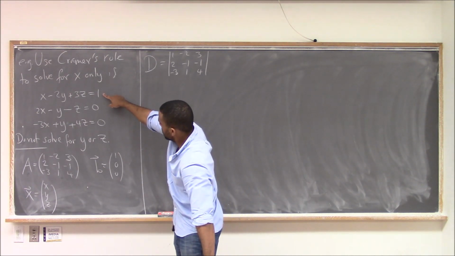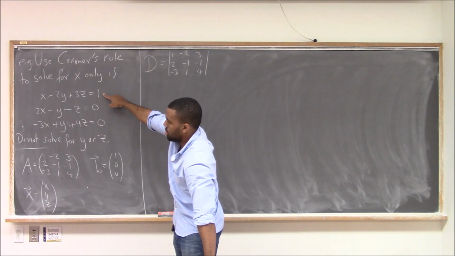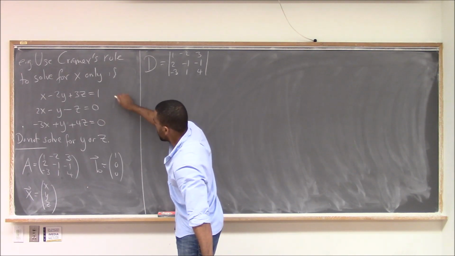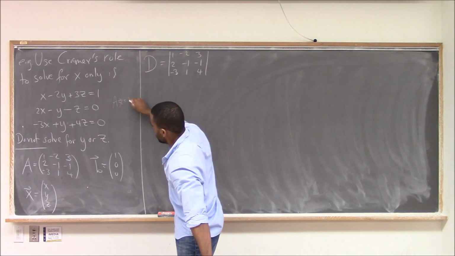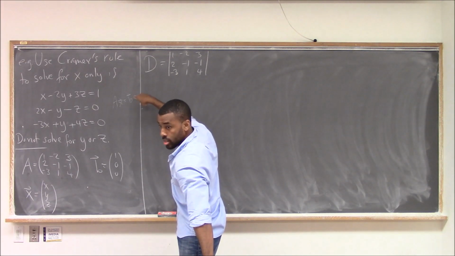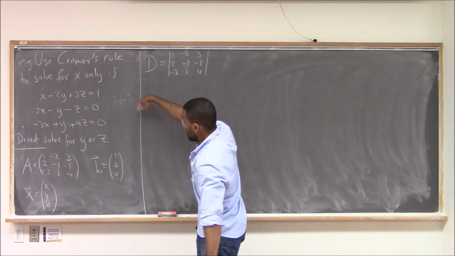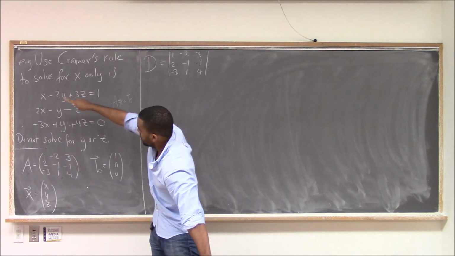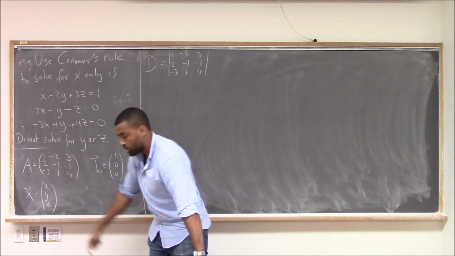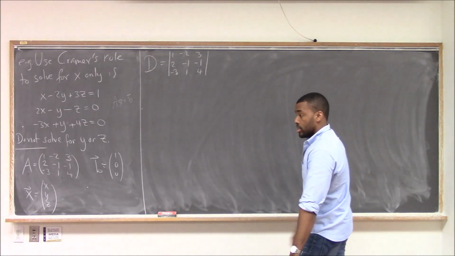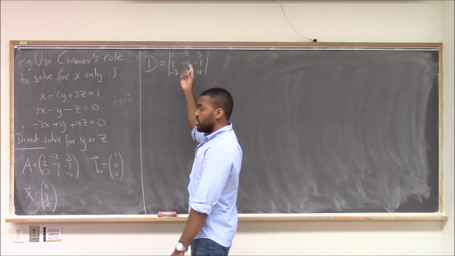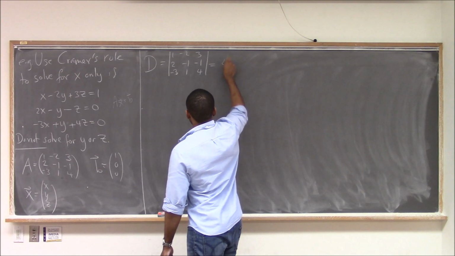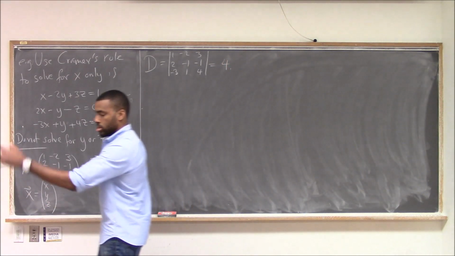You leave it on the other side. This is in the form AX equals B. B is the guy on the other side. So B is just this matrix over here, 1, 0, 0. A is the coefficient matrix, and the variables tell you the components of your solution. So your D would be the determinant of this, which I believe we already found. That was 4 in previous class.